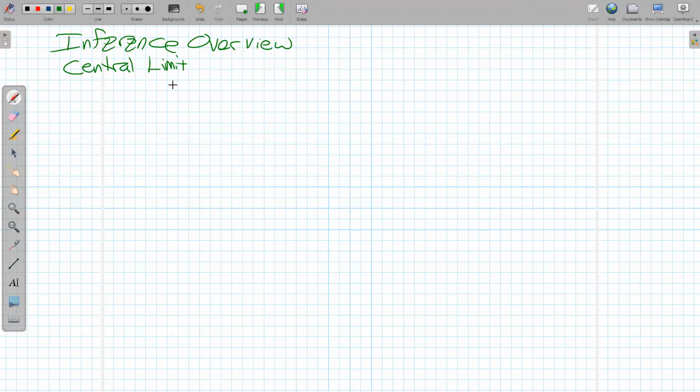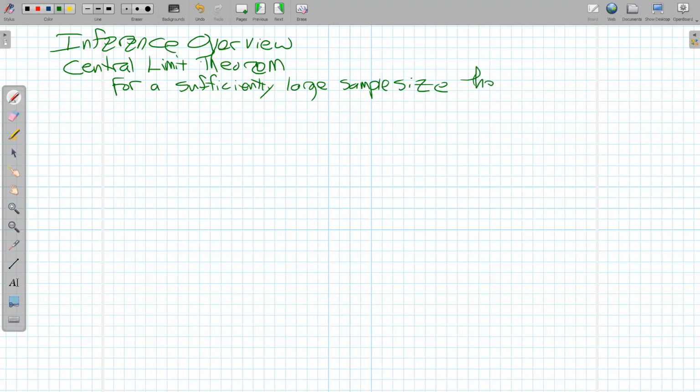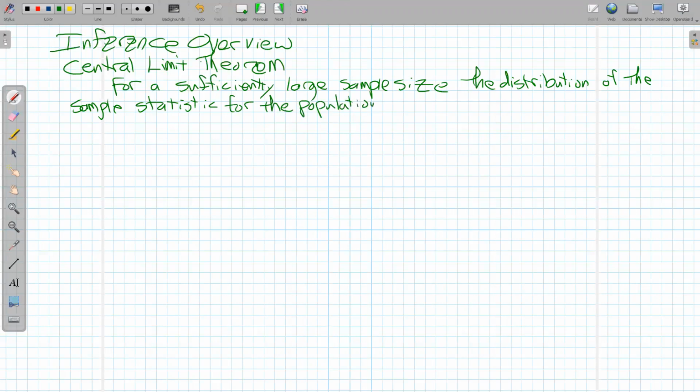Yeah. Central limit theorem. And what it says, for a sufficiently large sample size, the distribution of the sample statistic for the population, and usually I would say population parameter.